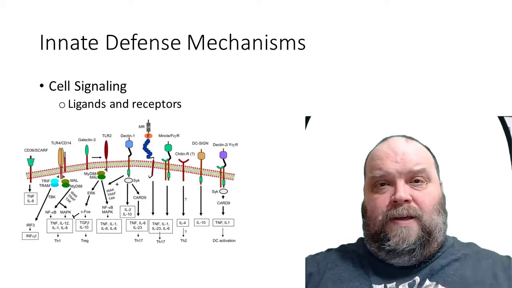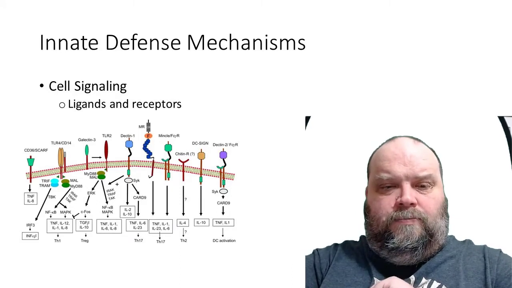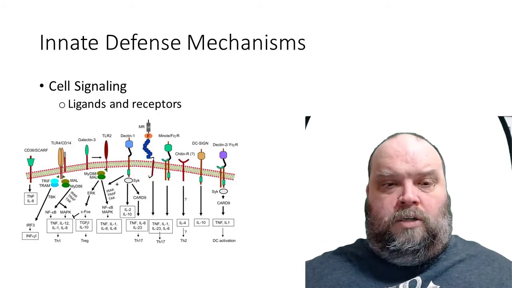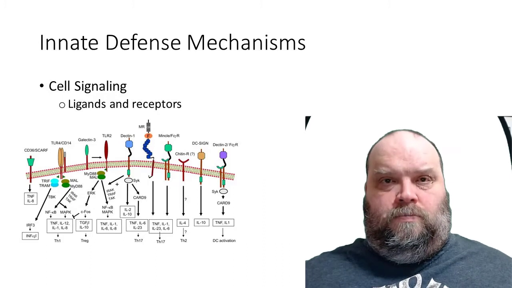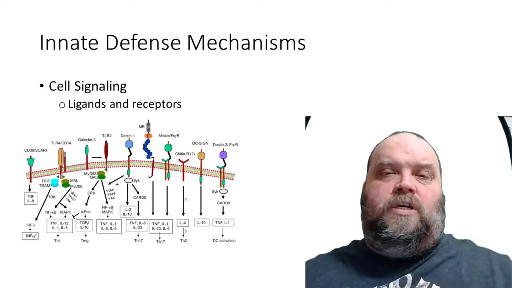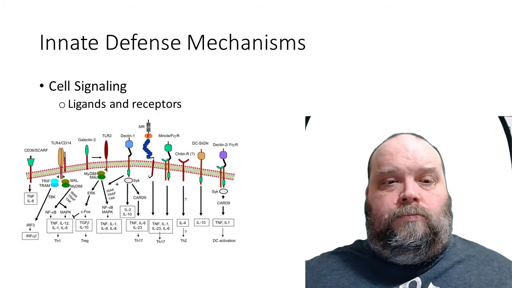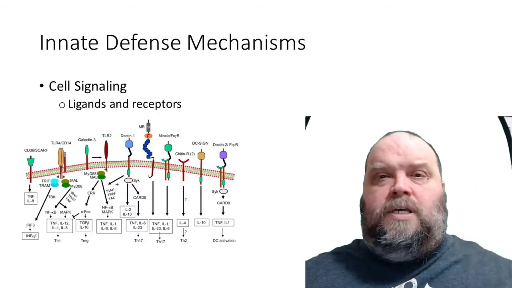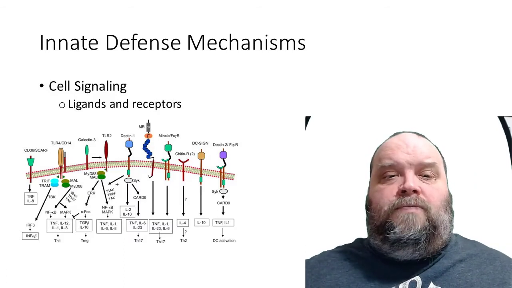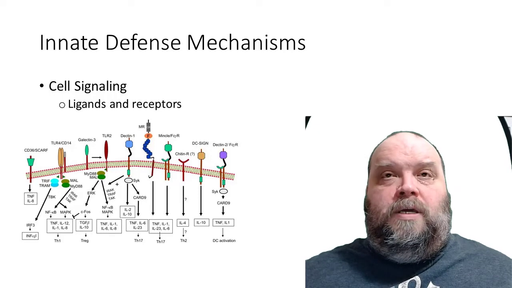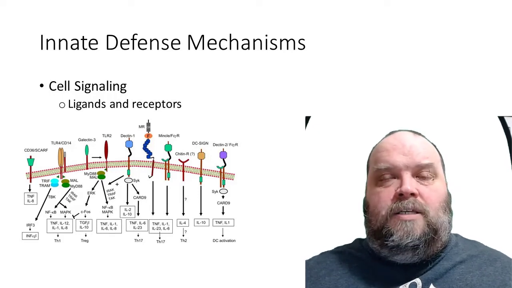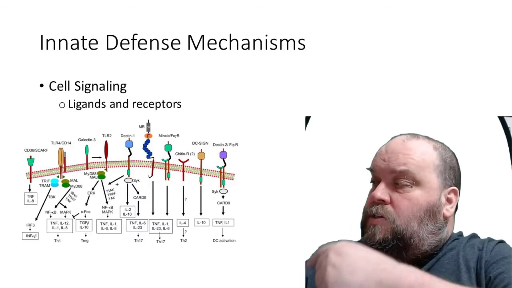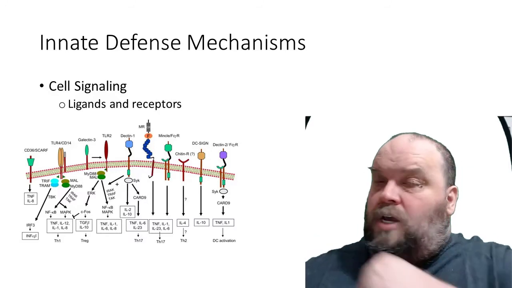The innate defense system has abilities to talk to themselves, to crosstalk, to send signals back and forth. As you look here, this figure gives you an idea of just some small subset of the different receptors that are going to be on the surface of many of these types of cells. When you look at them, you'll see that the receptors, the artist has drawn them looking in different shapes.